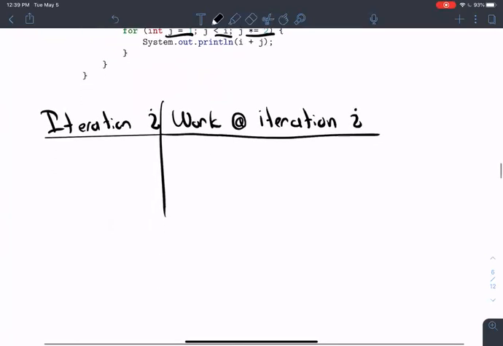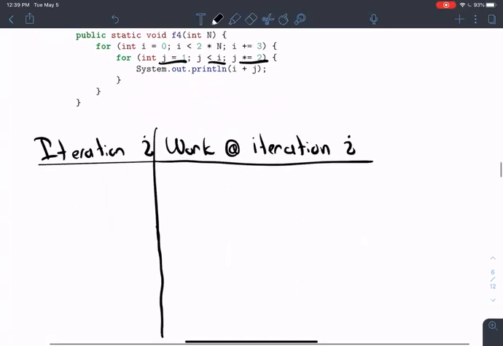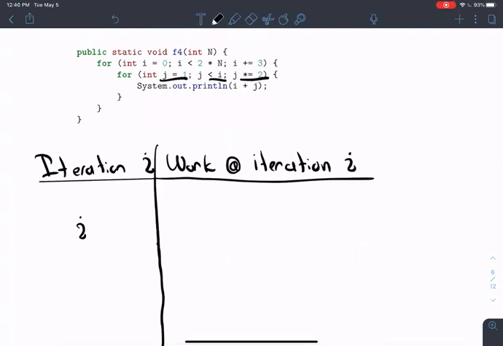Here I'm just going to jump straight to the general case. Instead of doing i equals 0, i equals 3, and so on, I'm going to jump straight into i equals i and figure out the work as a function of i.